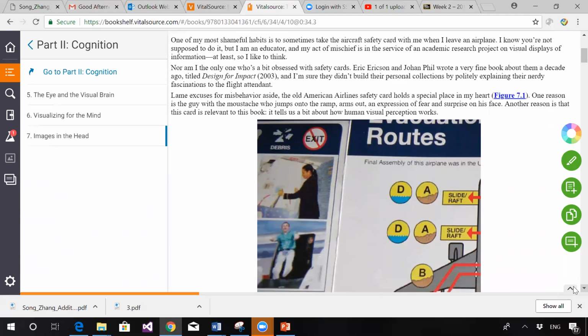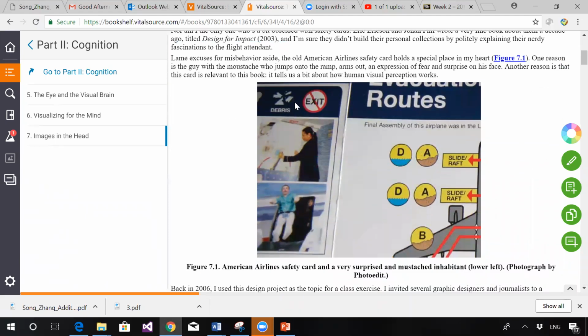Both pictures actually show how to open the airplane door. So when it is open, people could jump out of the door here. He used this as an example, showing that it is kind of funny and may not be super good.